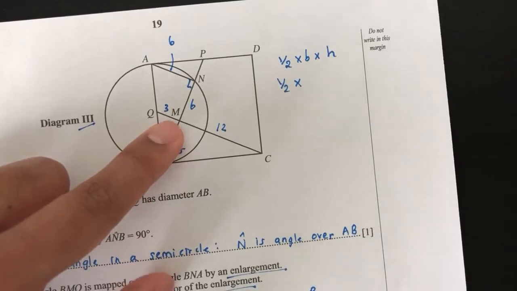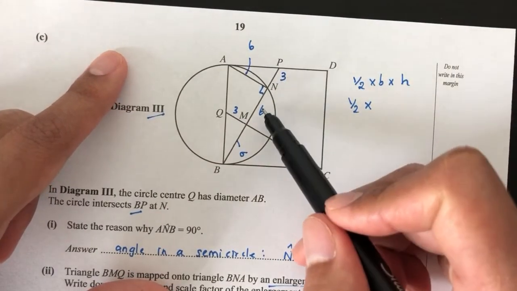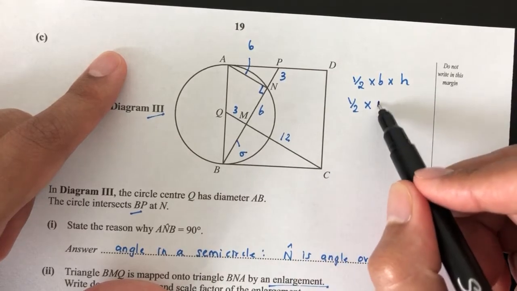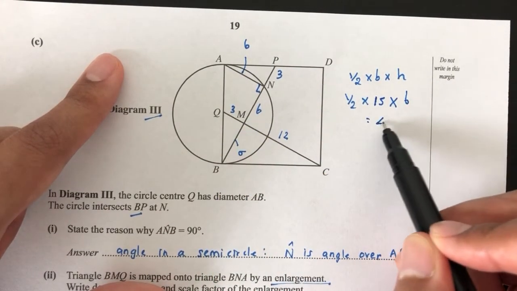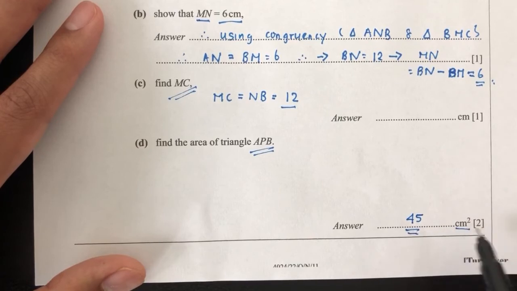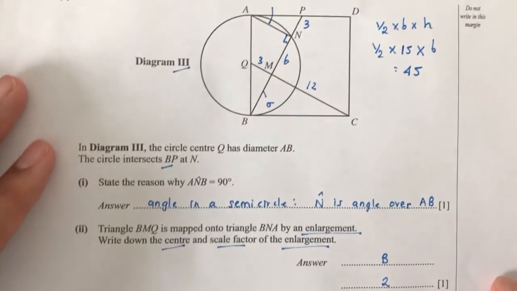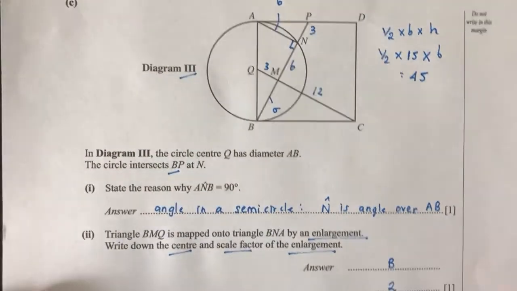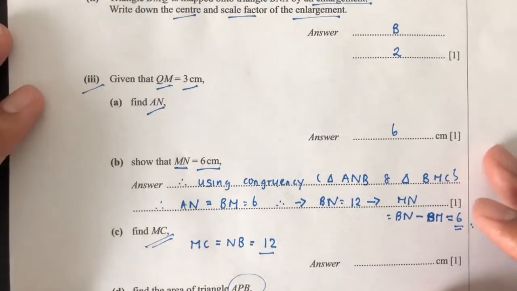It becomes here. So this is 3. So base will be 3 plus 6 plus 6, that will be 15, times height is 6, that will be 45. So your answer here will be 45 centimeters squared for the area of ABP. So this one is mainly using congruency and similarity to find these answers. And that was this question.